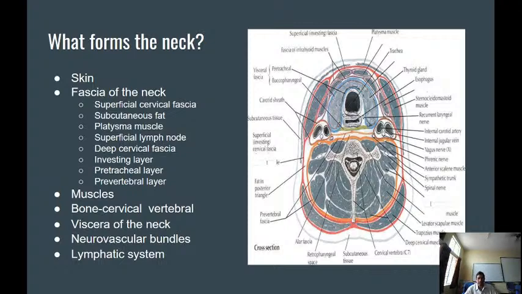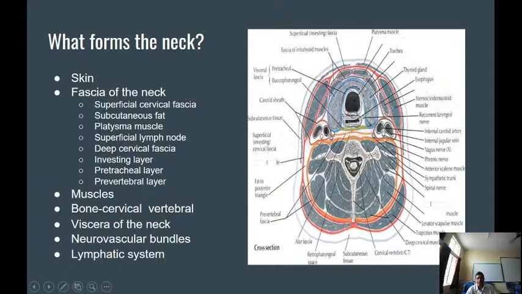In a cross section you can see all these, and that is the superficial layer, the platysma, the sternocleidomastoid muscle. Then you have the soft tissues, the thyroid gland, the parotid gland, and the submandibular, sublingual glands.